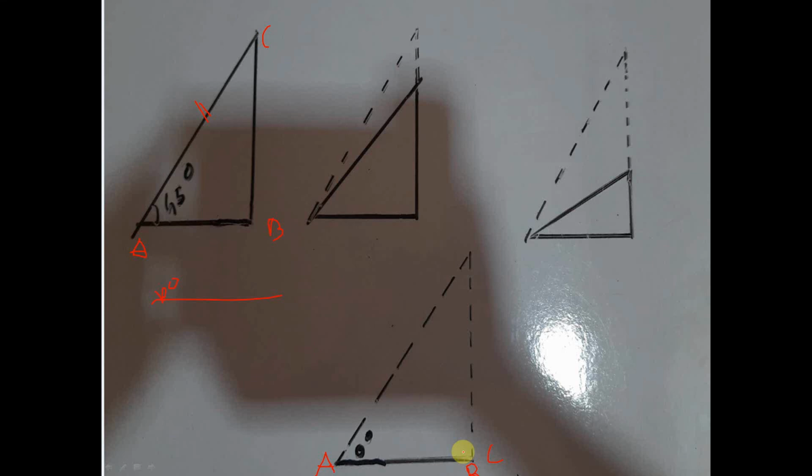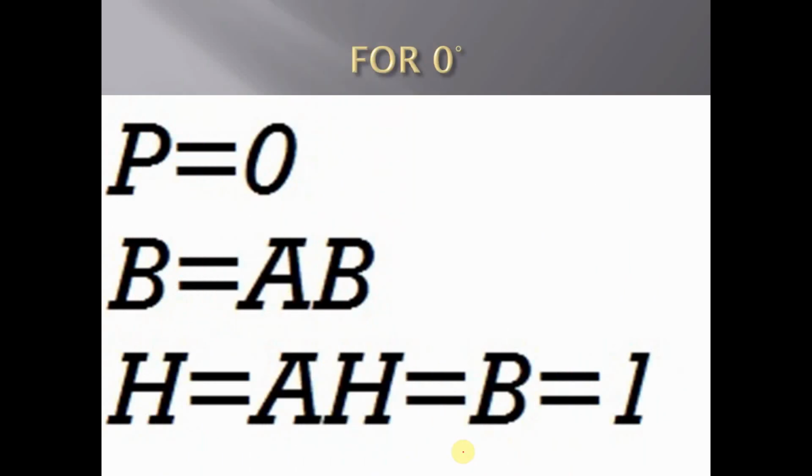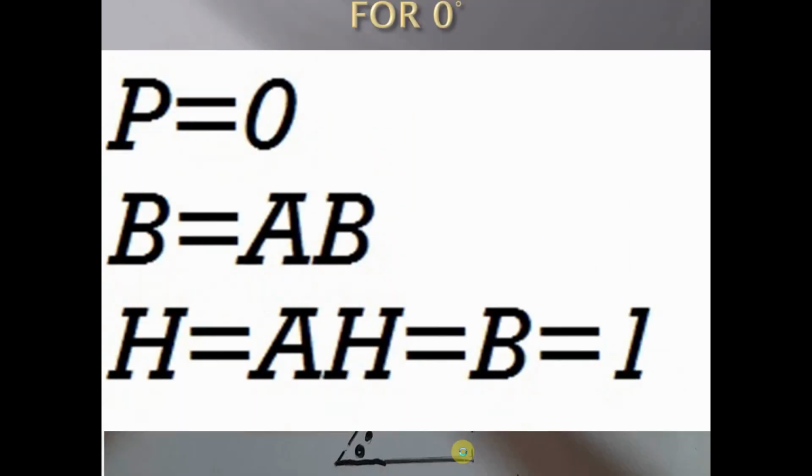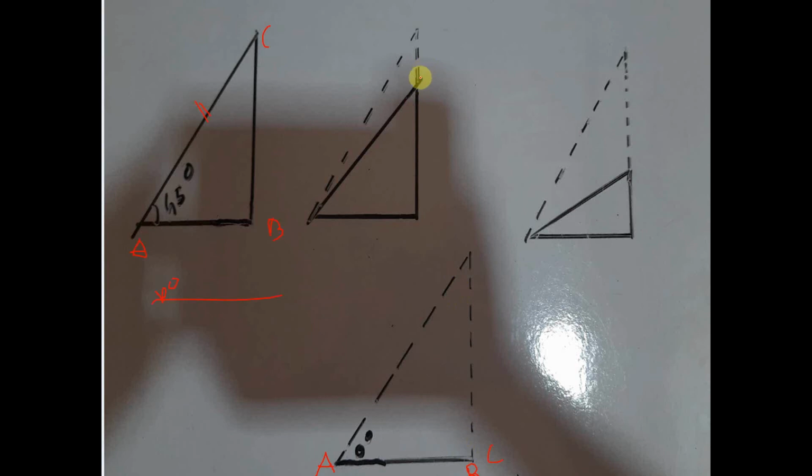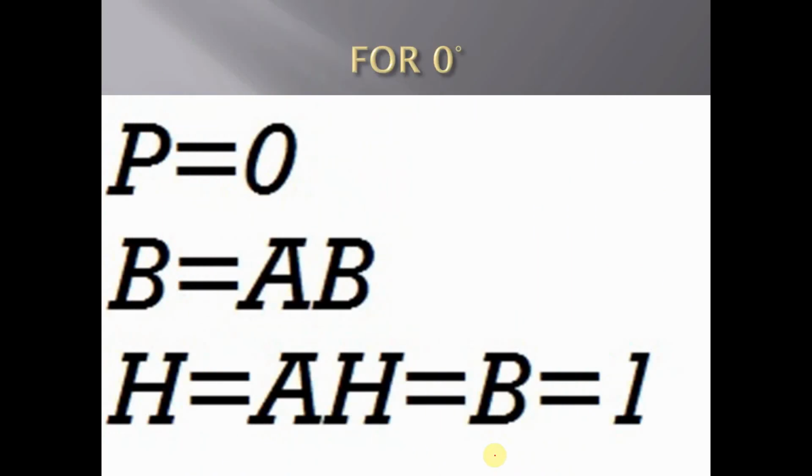Now we will take the values. P is the perpendicular. This perpendicular is not there, so we will take 0. B is equal to AB, and H, the hypotenuse, is equal to AB.